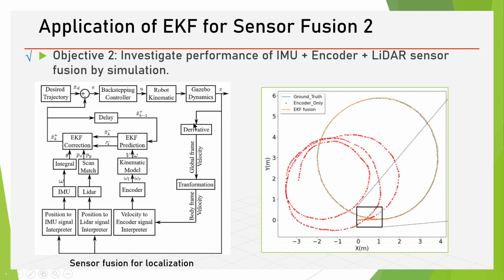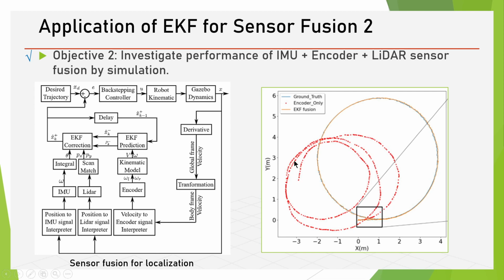Then we can compute the velocity, and then we interpret the velocity as encoder data, as a LiDAR signal, and as an IMU signal, and then we add noise. After we add noise, we use a Kalman filter to filter out noise and fuse multiple sensors, because every sensor has its own noise. Then we fuse them together.